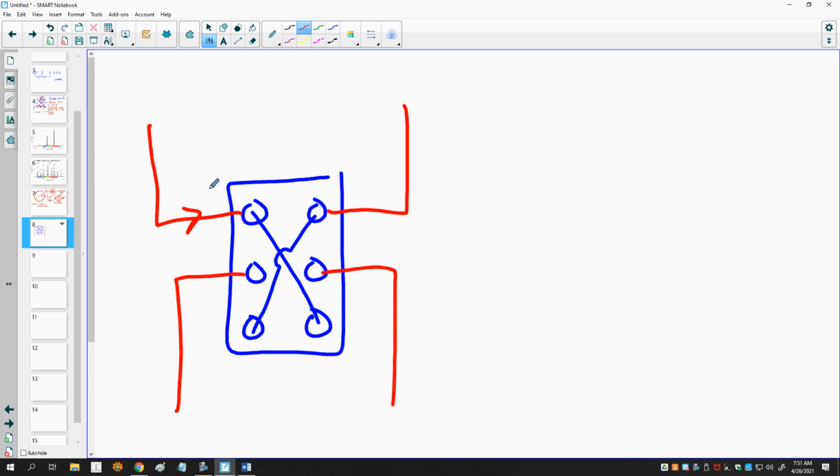You can have the switch in the up direction. In that case, the current flows through here, flows through here, and then back up to here, and then through here and there. Or you can have the switch in this direction, in which case the current flows through here. It travels across this wire, goes up through here, and then goes through here.